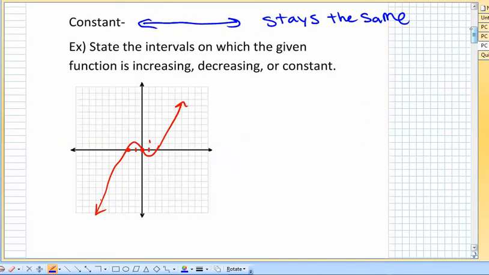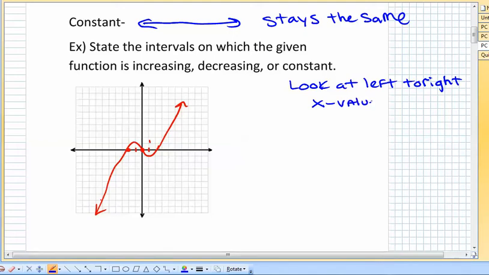So looking at this, we want to see on what intervals the function is increasing, decreasing, or constant. You want to look at the graph from left to right, and you want to look at the x values from left to right. Here it's increasing until you get to this point right here, and then it goes down.